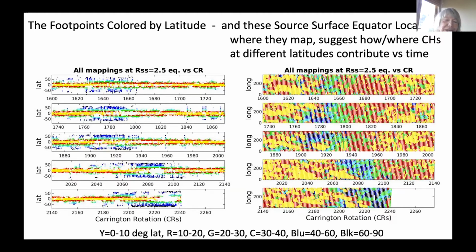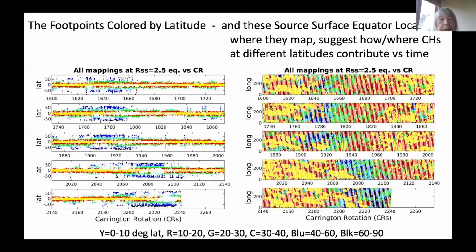And you can see there's a transition in the color code in the right panel from low latitude mappings. As you get into the solar maximum, you get into the mid latitude polar hole extensions, and then the polar coronal hole edges in blue.